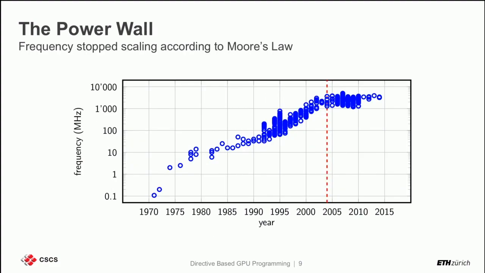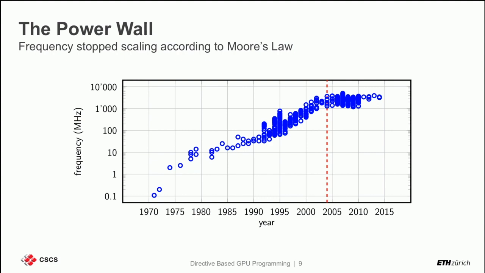But there is an interesting trend though. This is the same plot, but using frequency on the y-axis. You see that in 2004 we have a plateau here. Up to this point, again, every 18 months the frequency was doubling.